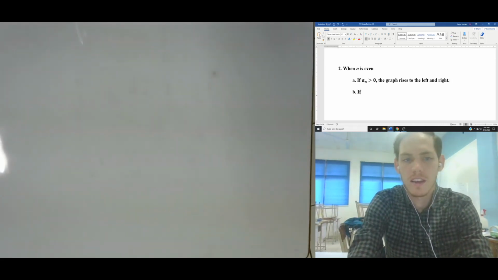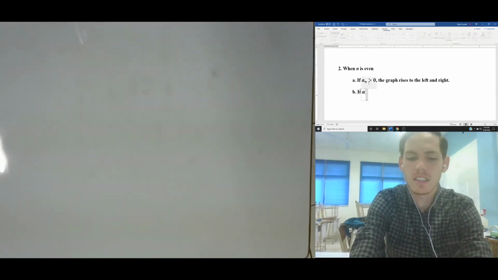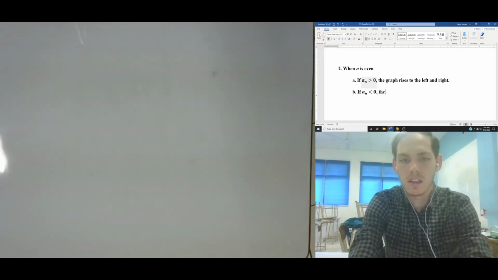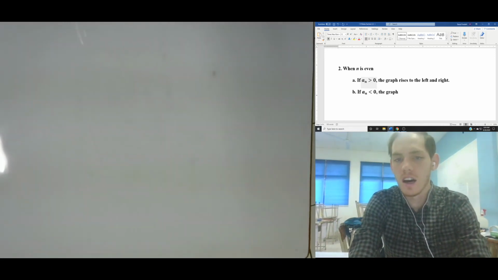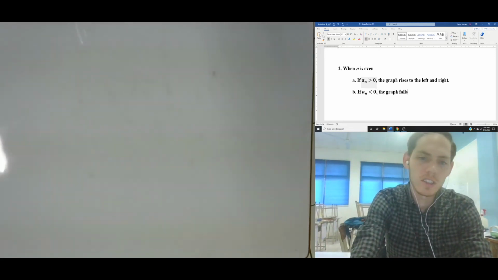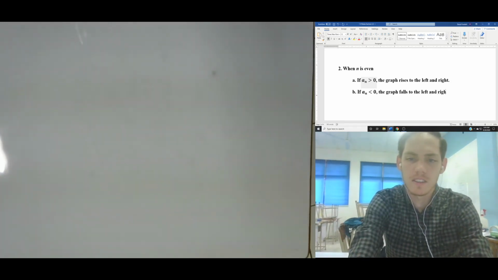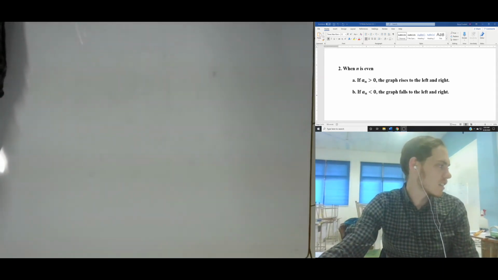And if a sub n is less than 0, the graph falls to the left and right. Let's blow this up so that you guys actually can see.